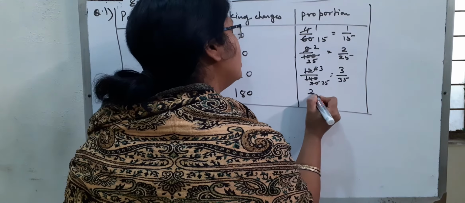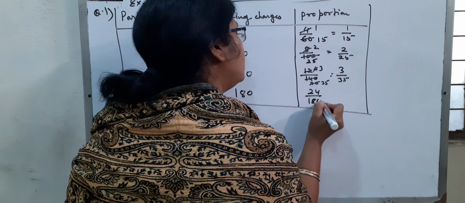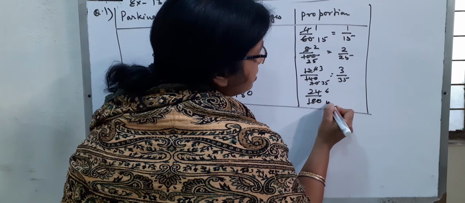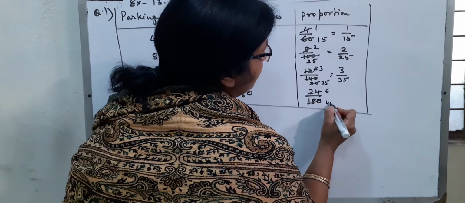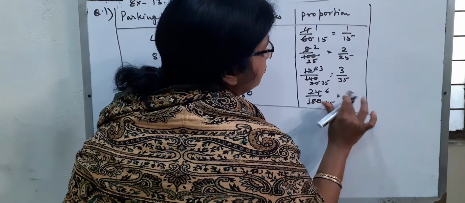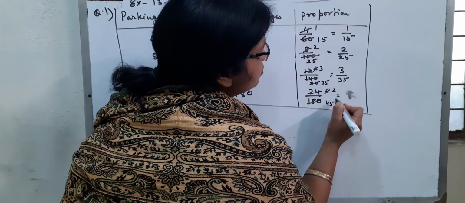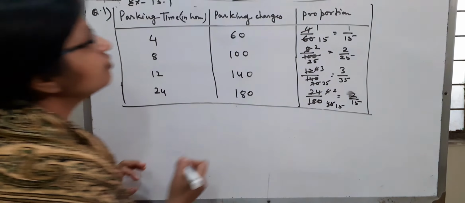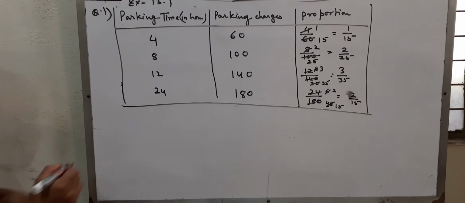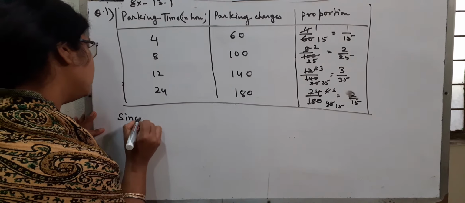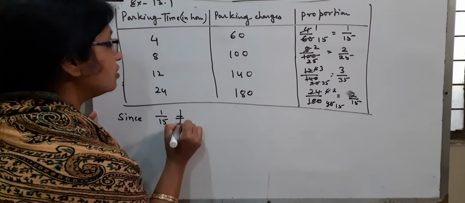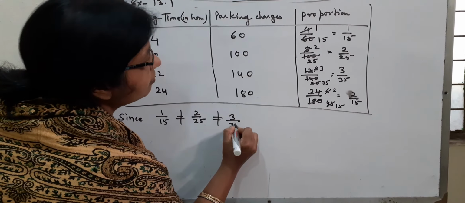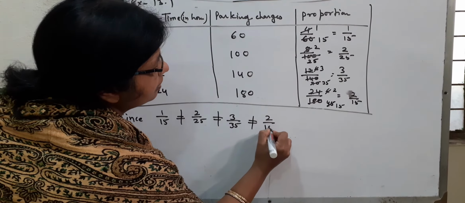And the fourth one, 24 by 180: dividing by 12, this is 2 by 15. So 1 by 15 is not equal to 2 by 25, is not equal to 3 by 35, is not equal to 2 by 15.